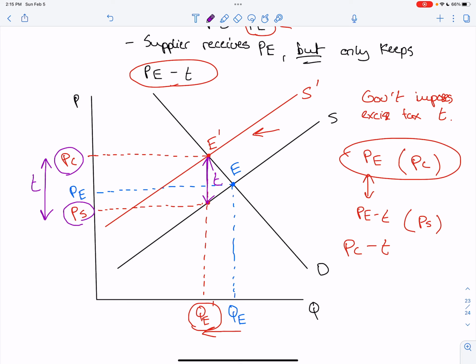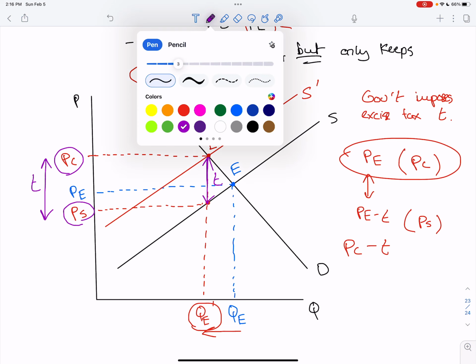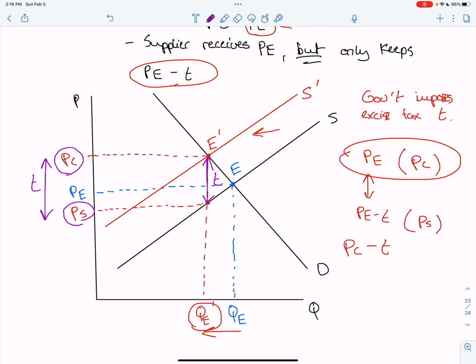It's QE, or QE prime. QE prime is the quantity exchanged, and therefore that must correspond to the producer price, or the amount of money that the producer is allowed to keep, which is simply the consumer price minus T. And that therefore means that this gap right here is T. If that doesn't make sense, like I said, rewind, go over this again, and try to convince yourself that this is true within our model.